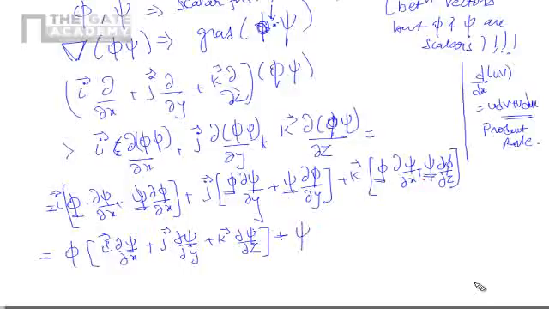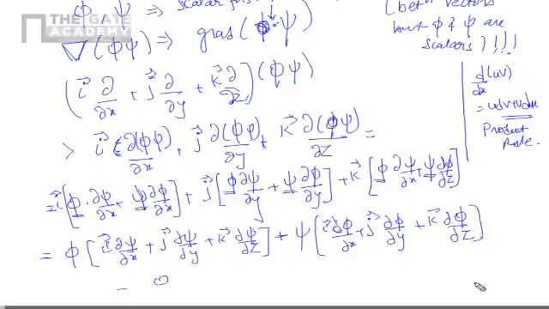I can group them: psi times, I vector dou phi by dou x plus j vector dou phi by dou y plus k vector dou phi by dou z. So this is nothing but phi times grad psi, right, del psi, plus psi times del phi.